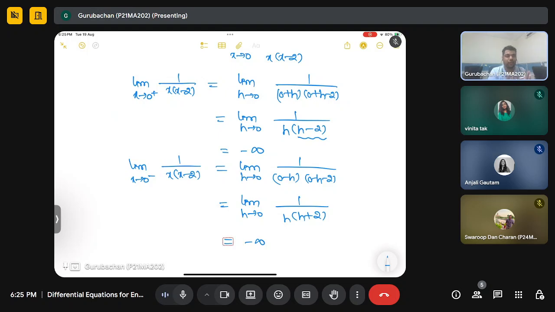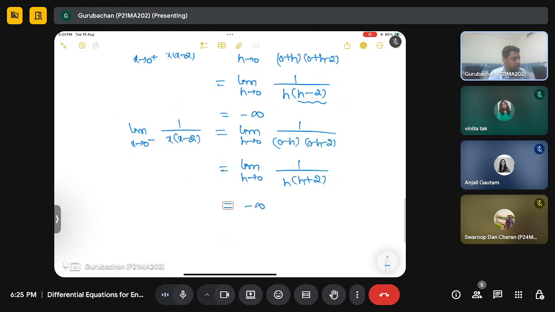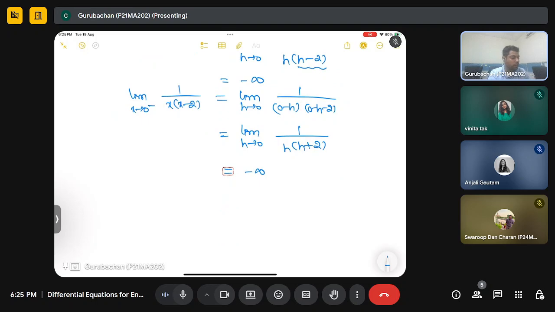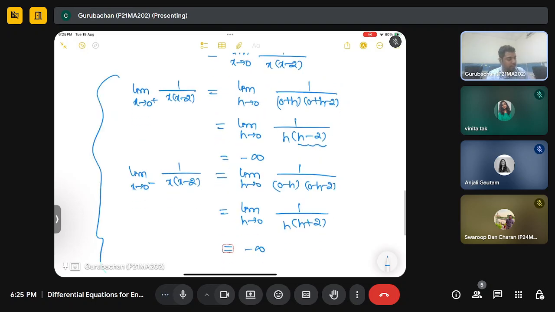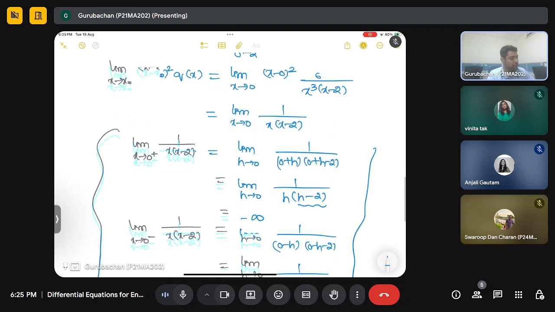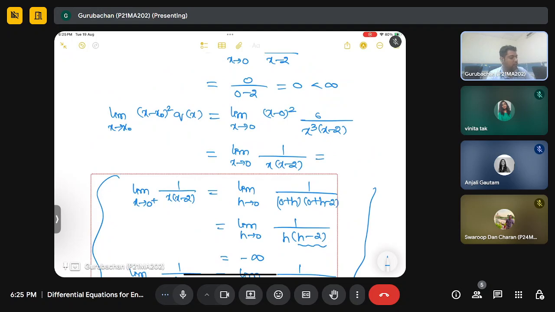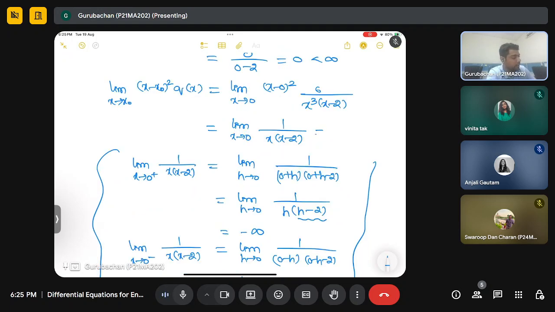So we can say that our limit exists, LHL and RHL are equal. This is just for your practice purpose. So ultimately I can conclude that this quantity does not have a finite value. So I can directly write minus infinity.